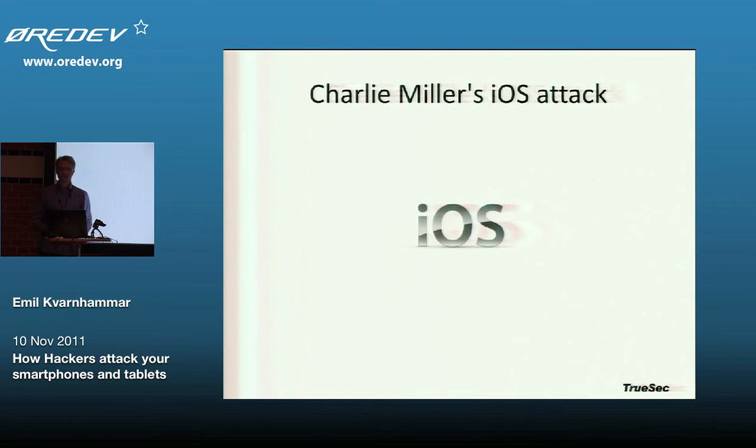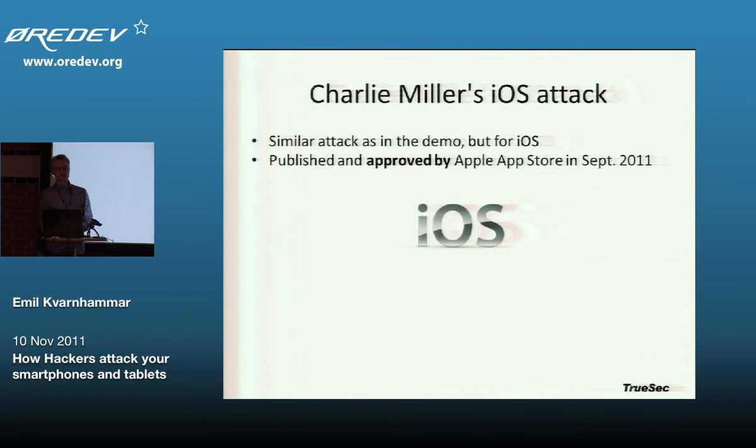So the iOS guys might wonder, well, that's not going to work on iOS, right? But if you read the news this week, you might have seen that a guy called Charlie Miller presented basically the exact same attack, but on iOS. What he did was publish and get an application approved by the Apple App Store. He did that in September 2011.